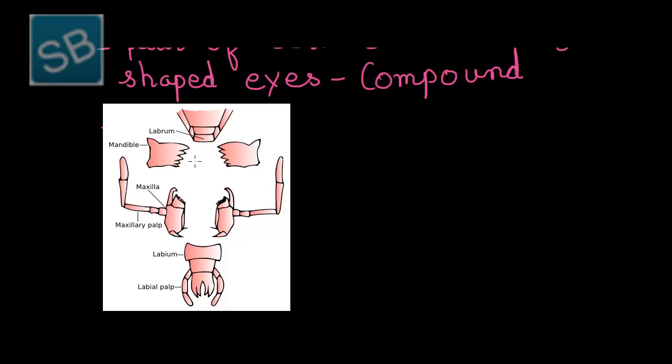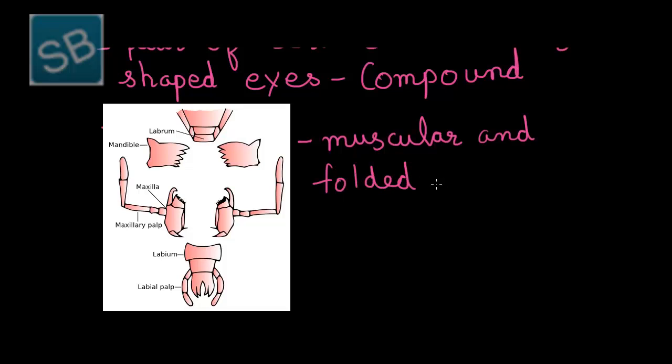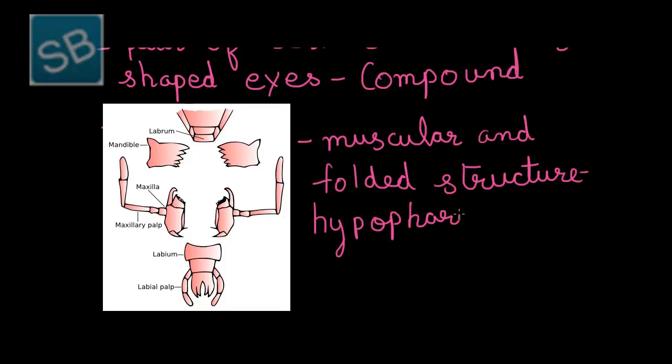As it can be seen from the figure, the mouth parts include a pair of mandibles, a maxilla, palp associated with maxilla, labium and its labial palp. A muscular and folded structure known as hypopharynx is formed by the cavity associated with the mouth parts.